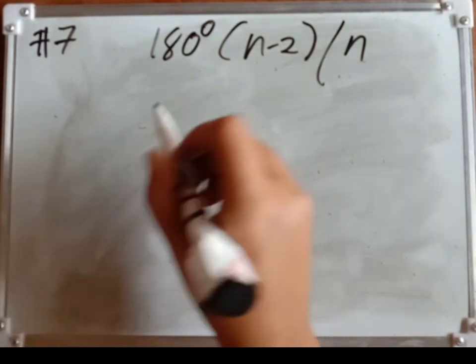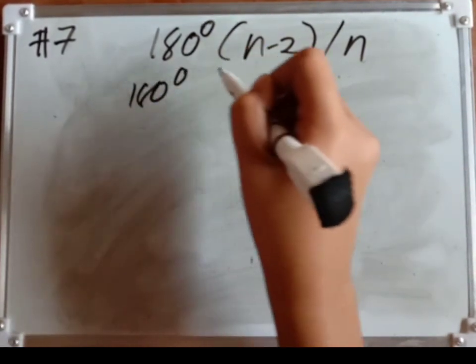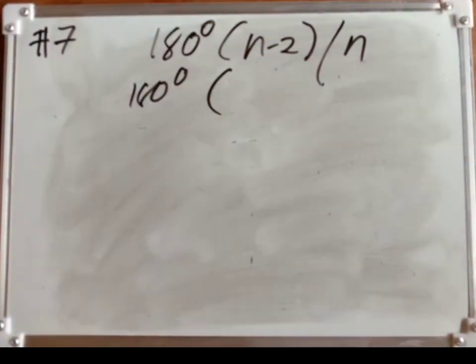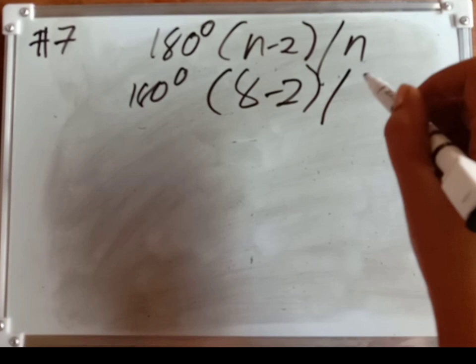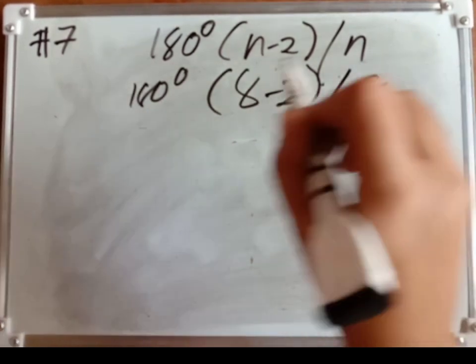So, let's copy 180 degrees. The octagon has 8 sides. So, our n here is 8, minus 2, divided by n, which is 8.